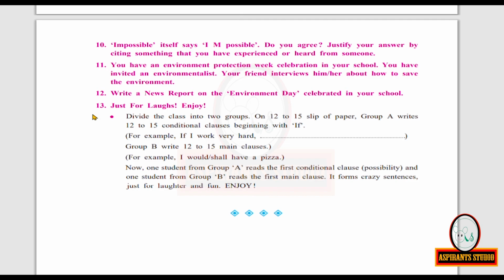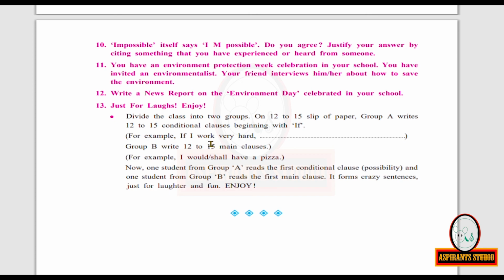Now see the 13th one. Just for laughs. Enjoy. Group A writes 12 to 15 conditional clauses beginning with if. For example, if I work very hard. Group B writes 12 to 15 main clauses. For example, I would or shall have a pizza.